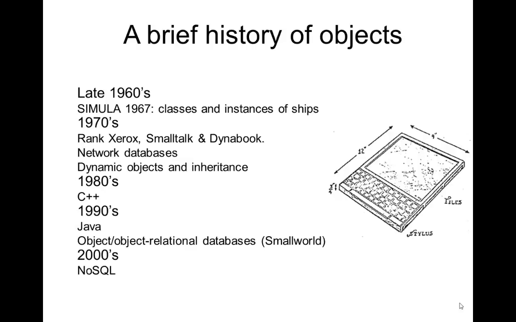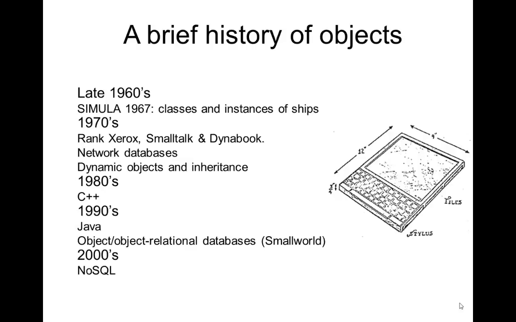They developed Smalltalk in a project called Dynabook, which was an attempt in the 1970s to develop the first laptop tablet computer. They never actually physically built the laptop, but this is their prototype diagram for it. But they did write the programming language that they were going to use to run on this imaginary tablet, and that was called Smalltalk.